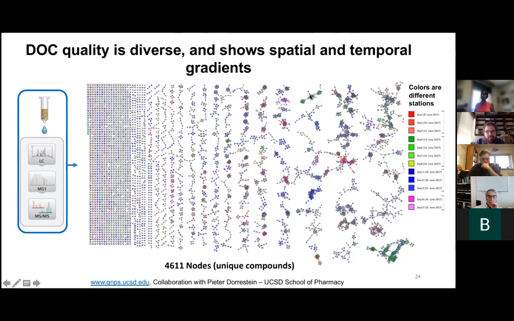The different colors in this case identify different locations and different days. And so you can color it any way you want. And this just shows you the diversity of chemicals in the environment and the fact that they are specific in terms of spatial and temporal variability. So in this data set, we have about 4,000 nodes.